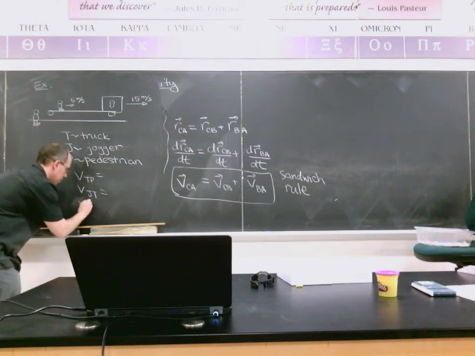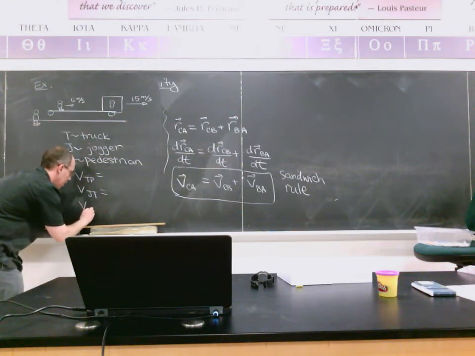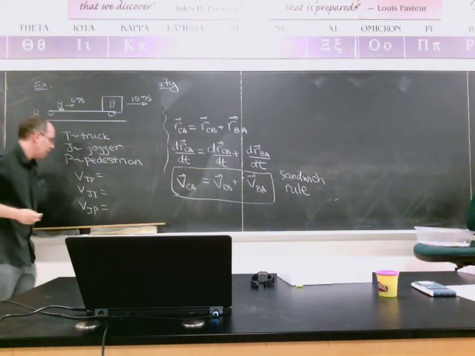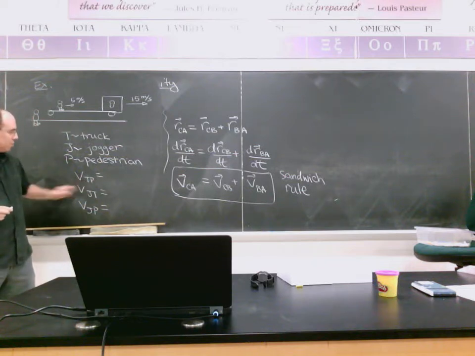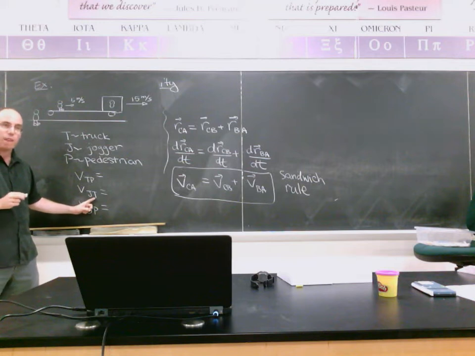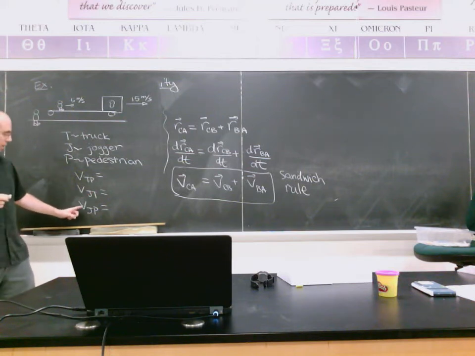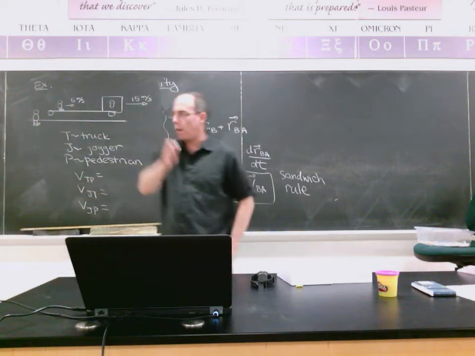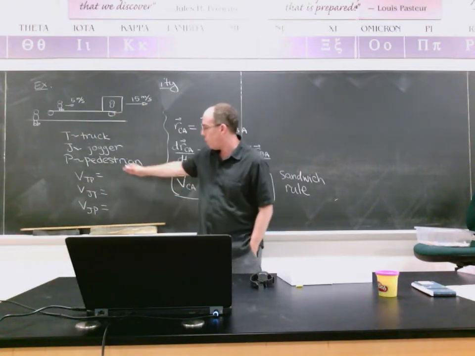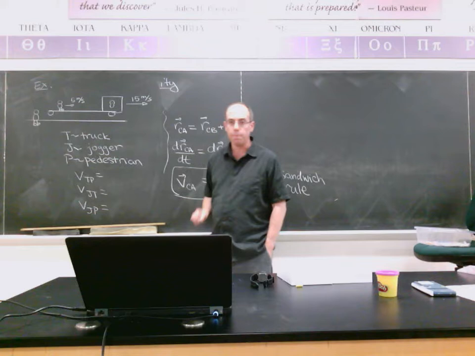And then see if you can work out the velocity of the jogger as seen by the pedestrian. So pause the video for a few moments and see if you can fill this out on your own.